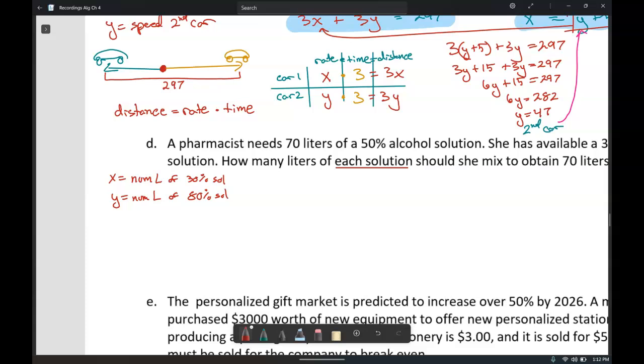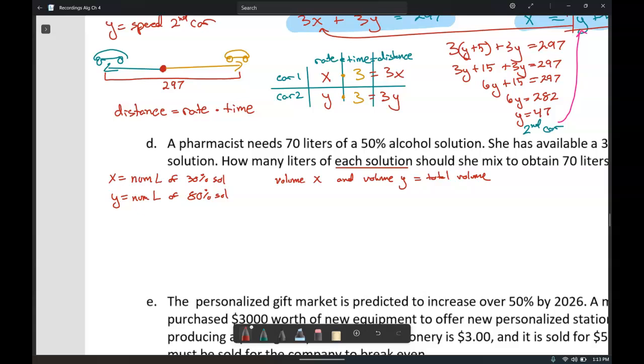Well, when we mix stuff together, we're taking the volume of our first solution, X, and the volume of our second solution, Y, and getting a total volume of our mixture.